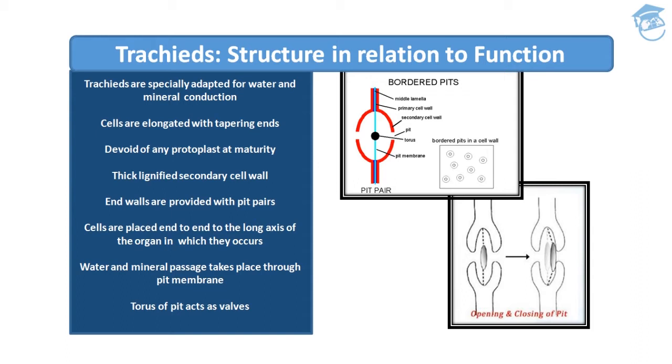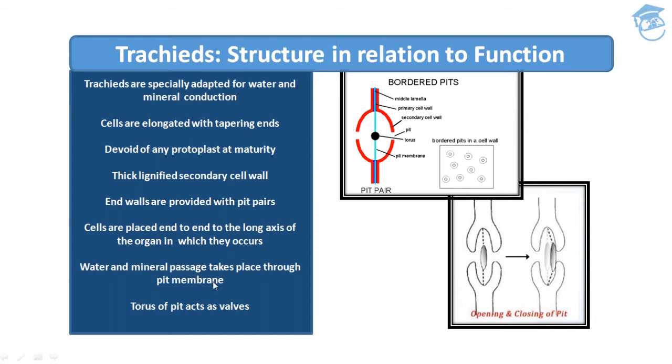Initially it is living, but as it matures, it becomes devoid of protoplasm. Tracheids have a thick lignified secondary cell wall, and the end walls are provided with pit pairs. Cells are placed end to end along the long axis of the organ in which they occur, and water and mineral passage takes place through the pit membrane.